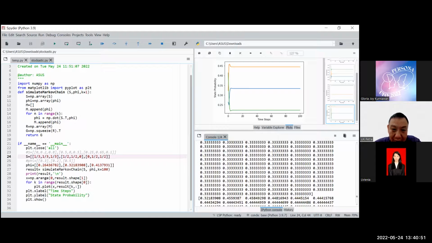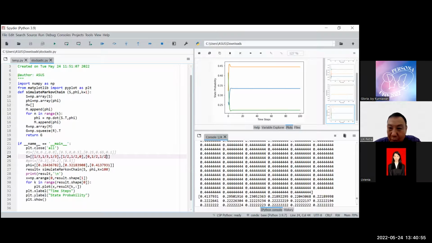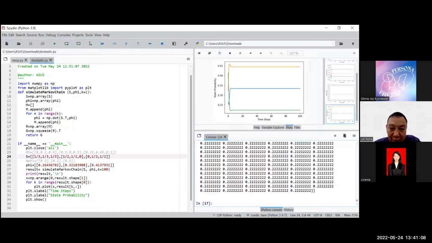That is correct. And then the second one is supposed to be 4/9. Is that correct? 4/9 is 0.444. Yes, it's correct. And then the last one is 2/9. Is that correct? 2/9 is 0.222. Yes.